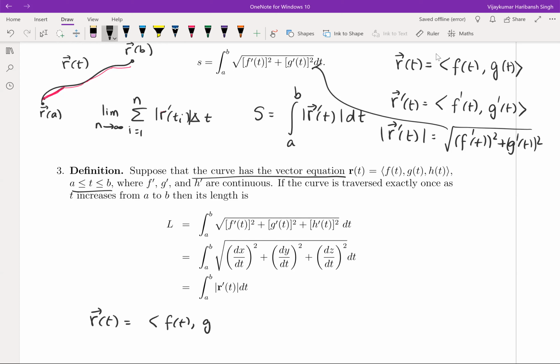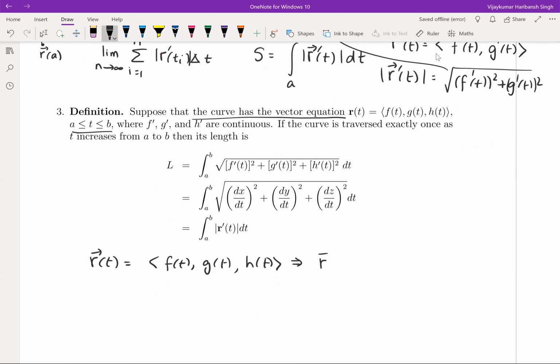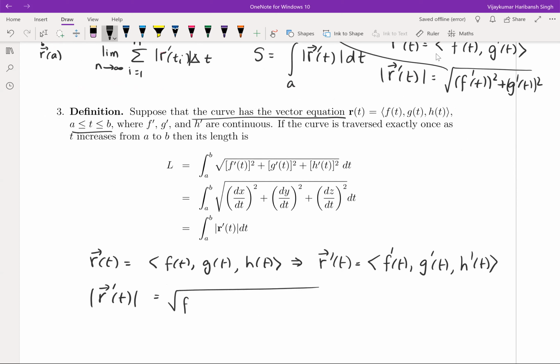If you look at it, your r of t is f t, g t, h t, now your function has three components because you're in space. So r prime t is going to be f prime t, g prime t, h prime t, and when you take the length of this, you get the square root of f prime t whole squared plus g prime t whole squared plus h prime t whole squared.